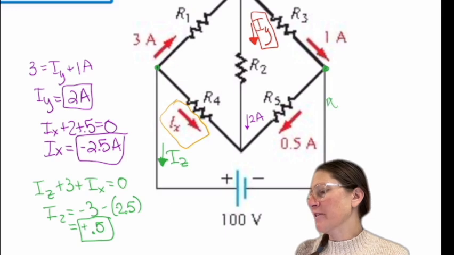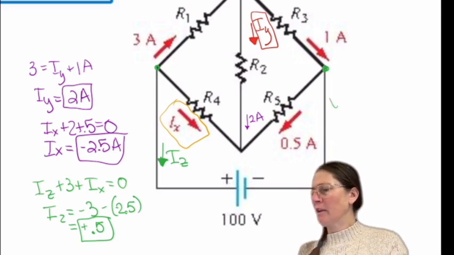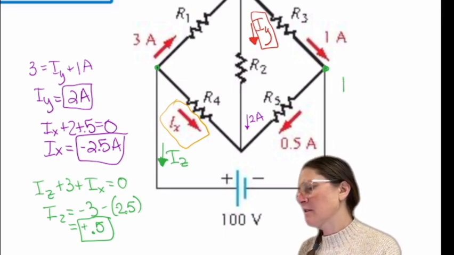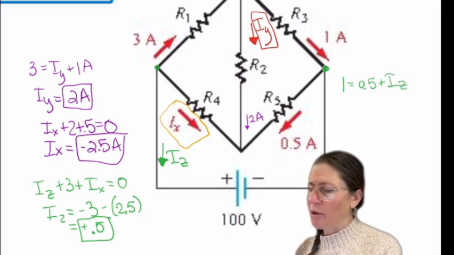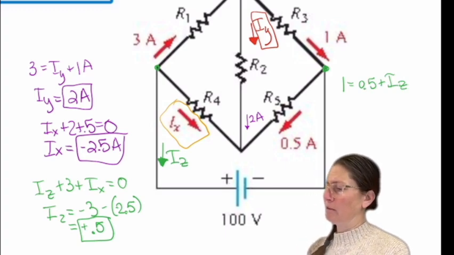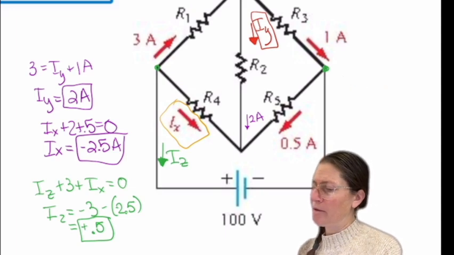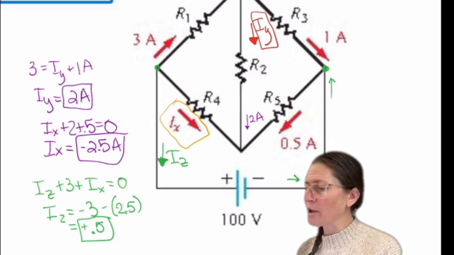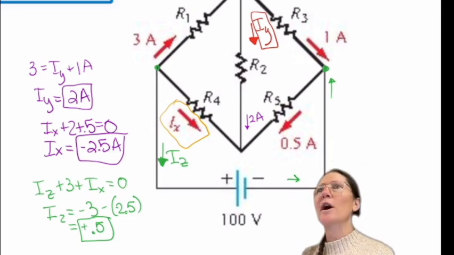If I did it from this side, I would have 1 amp coming in, 0.5 going out, and IZ going out. I labeled that wrong. IZ is going to go in this direction, and then in this direction as it follows that wire around.